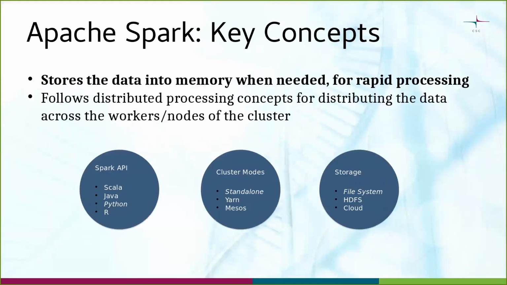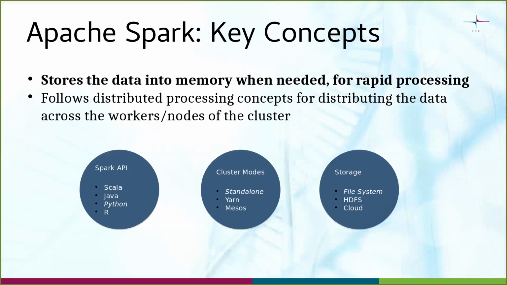So, key concepts of Spark. The most important feature, I think, for Spark is that it tries to store things in memory when needed for rapid processing. As you all know, we have a limited amount of RAM as compared to the hard drive. But if you keep anything in your RAM, reading from the RAM is much faster than reading from the disk.